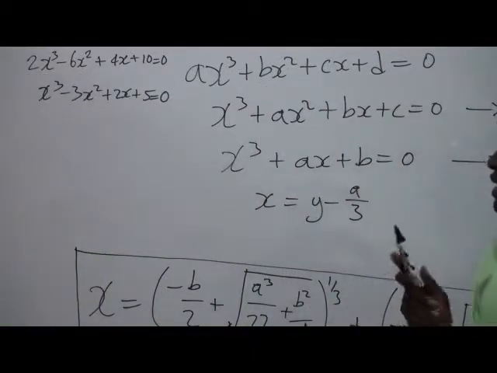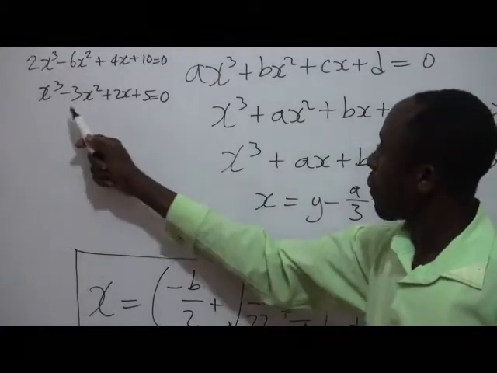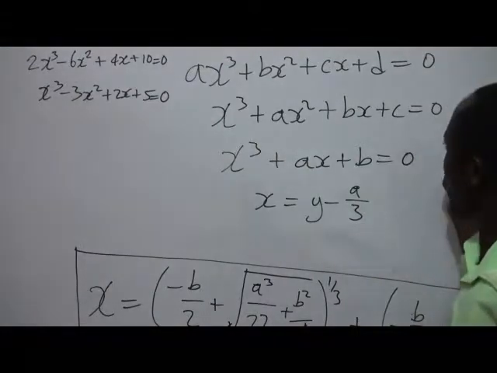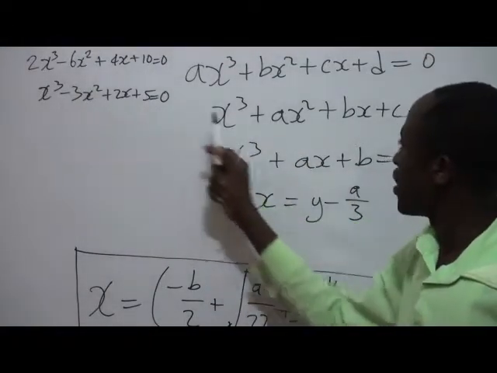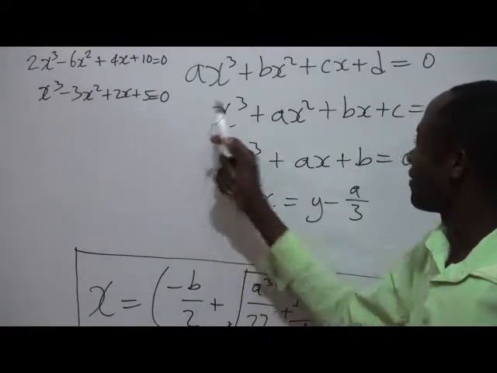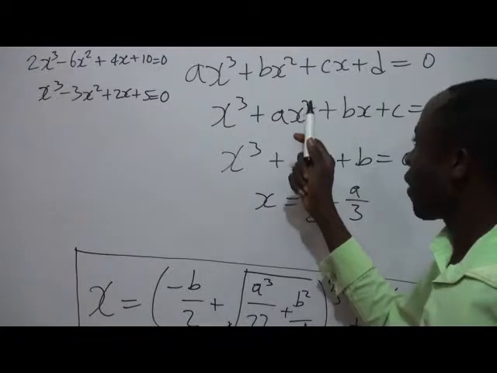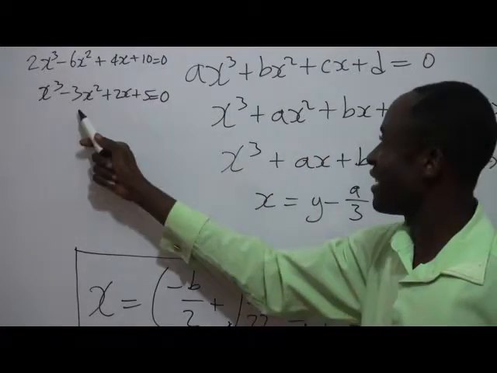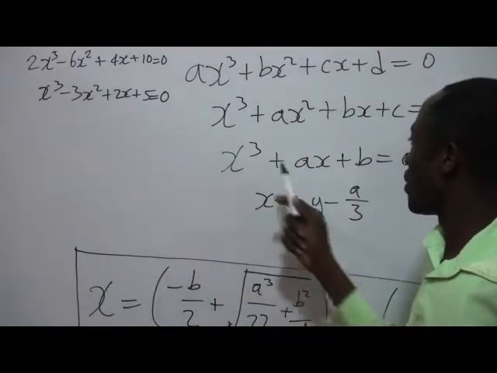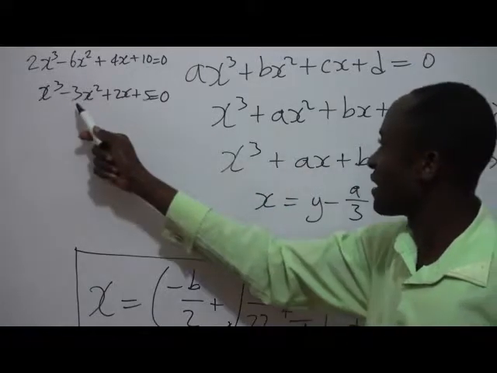Now, again, take note. Comparing this equation and that of equation 1, we have x cubed, we have negative 3x squared, and here we have ax squared, which means that our a is negative 3. So, in using this equation, instead of a, we're going to use negative 3.